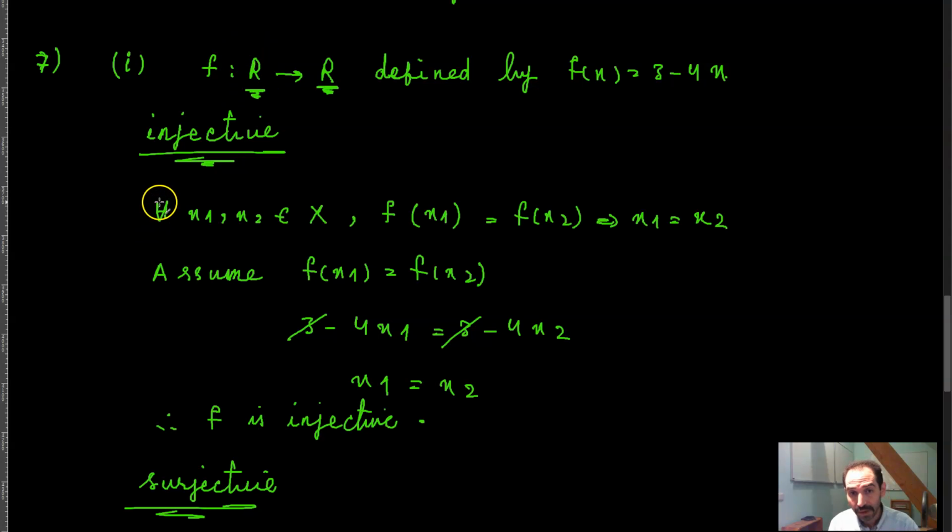For such cases, you need to find a counterexample and show that that's not the case, or you need to show that for every 3 minus 4x, which is basically your output, there is some x that is mapped to that, right?